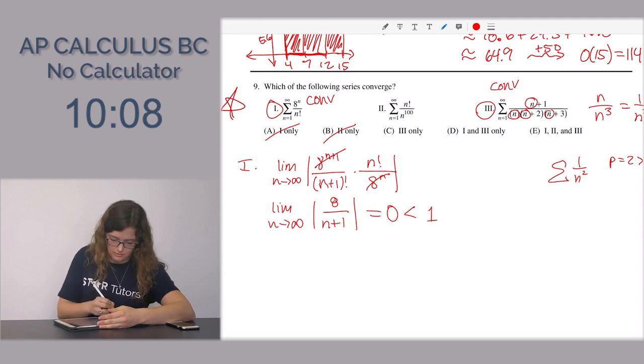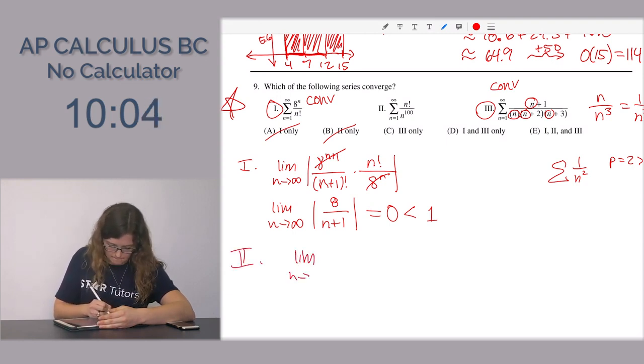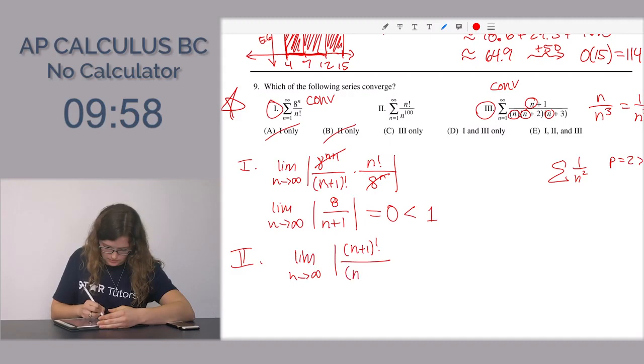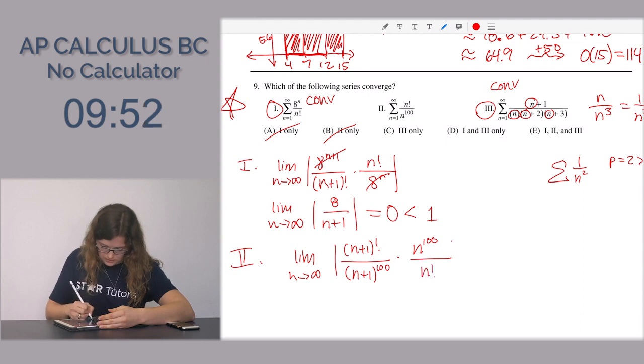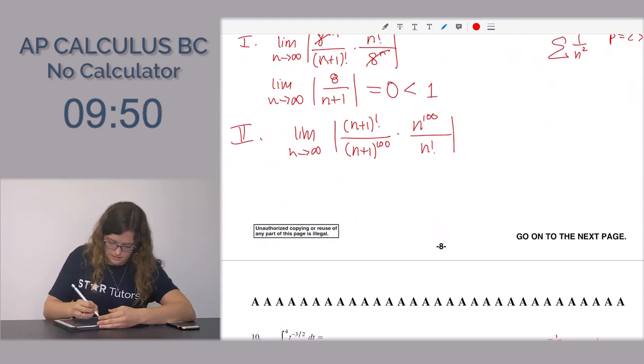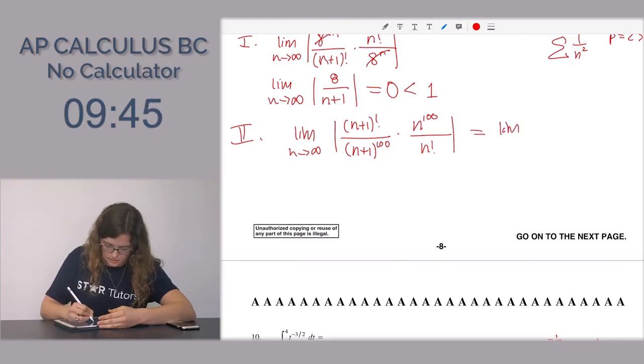So 2, again, I'm going to use the ratio test. Limit, n goes to infinity, absolute value, n plus 1 factorial over n plus 1 to the 100, times n to the 100 over n factorial. Again, on the top, from the factorial side, we're just going to get n plus 1.